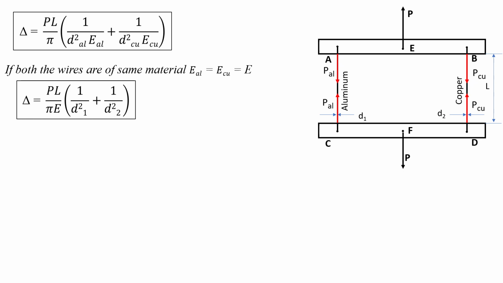Let's consider that as capital E. Then deformation equal to PL by pi E into 1 by d1 square plus 1 by d2 square. Here d1 and d2 are the diameter of the first wire and the diameter of the second wire. So this is the solution, and thank you.